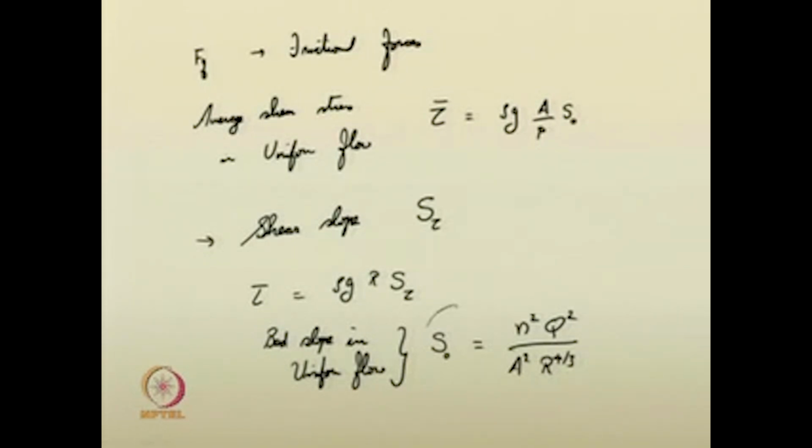If you recall this equation, the same equation we are now going to use to calculate shear slope in gradually varied flow. So, shear slope is seen only in non-uniform flow. In uniform flow you do not have the concept called shear slope.